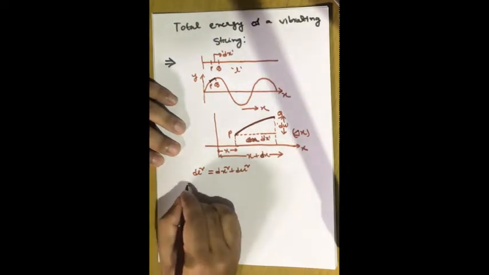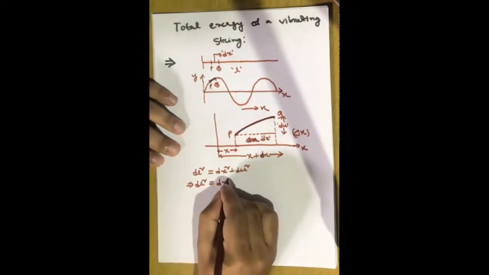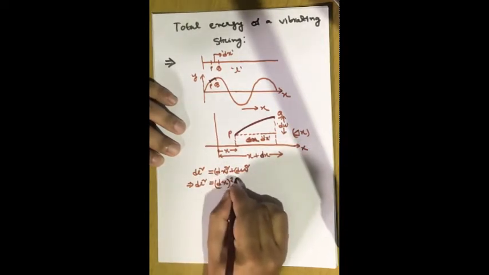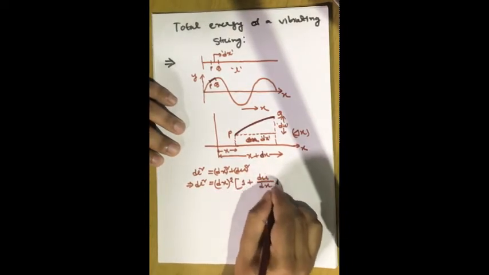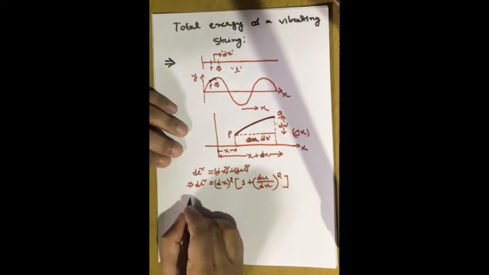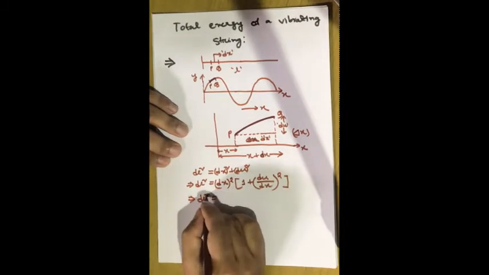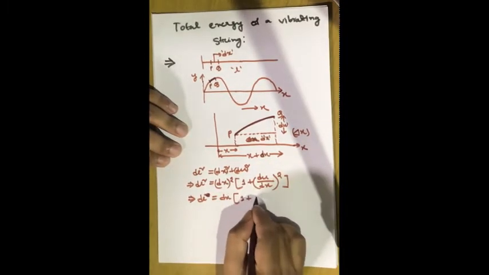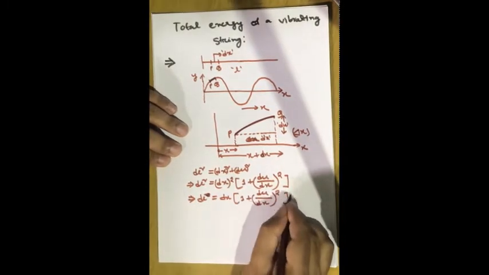So we can write dl squared, taking dx squared common, as dx squared into 1 plus du over dx whole squared. So dl will be equal to dx into 1 plus du by dx whole squared, to the power half.